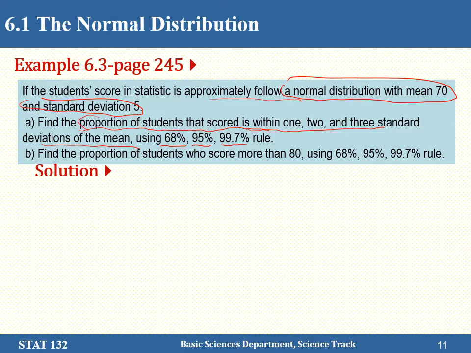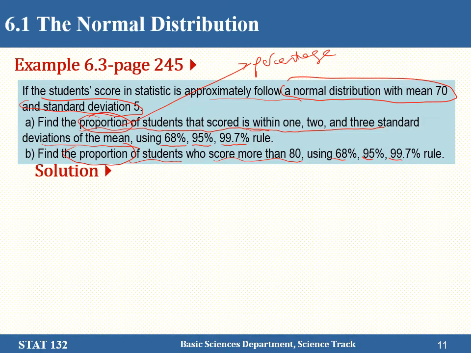The proportion here means you can take it as a percentage. So it's asking for the percentage. And B is asking almost the same, the percentage of students who score more than 80 using the 68, 95, and 99.7 rule.